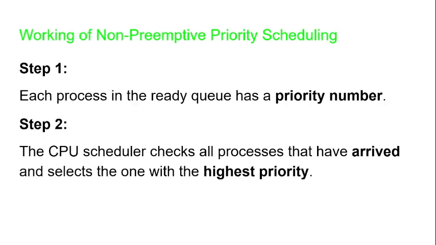Now let's understand how the non-preemptive priority scheduling algorithm works, step by step. Step one: each process in the ready queue has a priority number. Step two: the scheduler checks all processes that have arrived and selects the one with the highest priority.